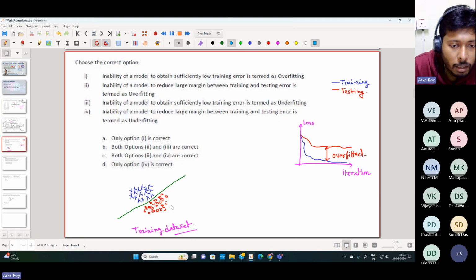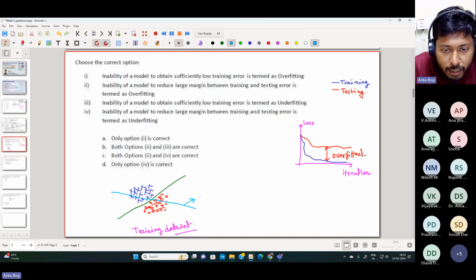But let us consider due to some mishap or irregularity while training, it is not able to capture the possible decision boundary. The decision boundary predicted by the model is something like this.